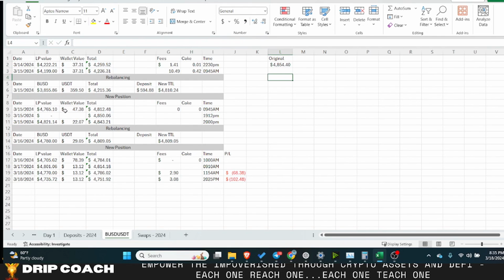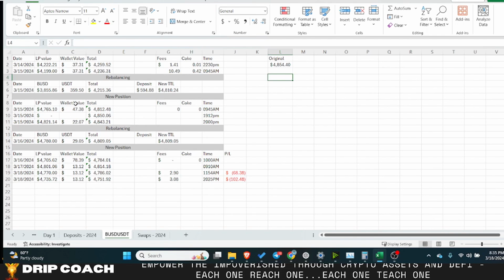And then I started tracking the actual changes. What ended up happening here, where I said rebalancing, that's where I got the new liquidity. I left the position and then had to rebuy back in. So when I was showing you before, let's just say BUSD was 98 cents and USDT was $1.01, or even we'll go 99 cents and $1.01. Then that means I had all this BUSD because I got pushed out of the balance between the two.